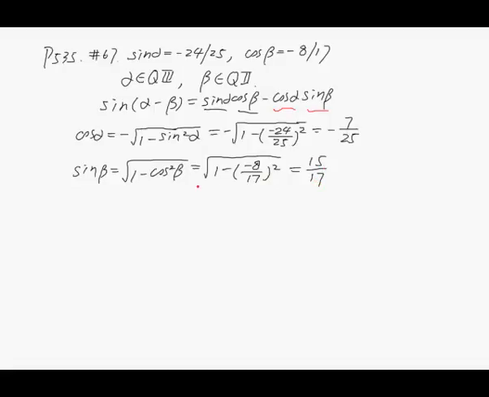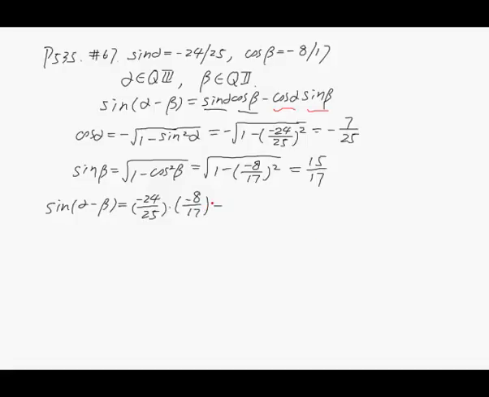So now let's plug in all these values into this expression for sine of alpha minus beta. Then we can get sine of alpha minus beta equal to, first the sine alpha, which is negative 24 over 25. And then cosine beta, which is equal to negative 8 over 17.